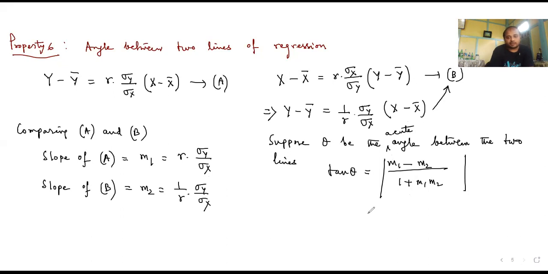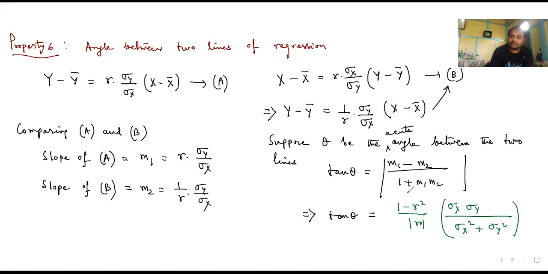Now in this expression, you can substitute the values of m1 and m2, and if you calculate and simplify, you will find this expression. We do not have time left for this session, so I am going to directly write it. You just try to calculate this properly. If you find any difficulties, then you can ask me later on.